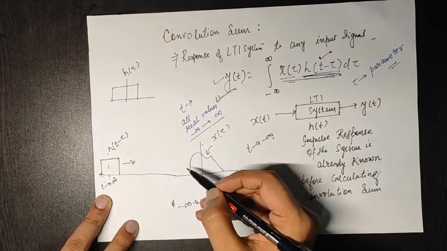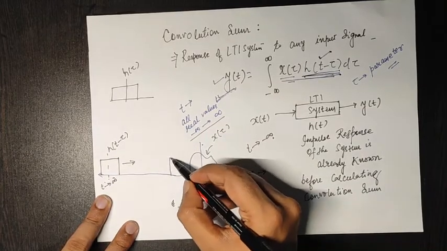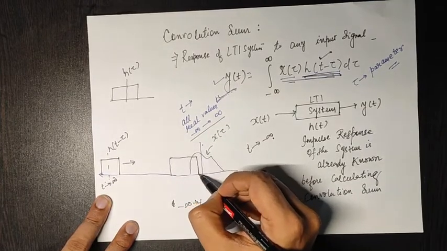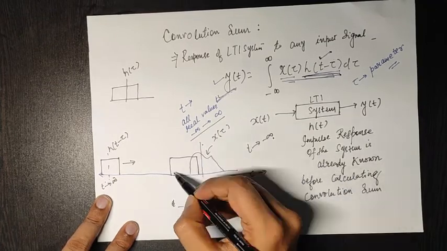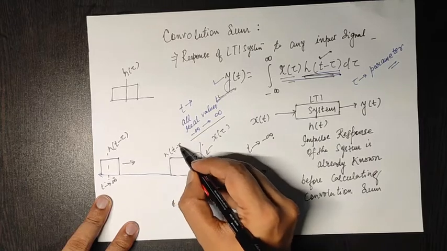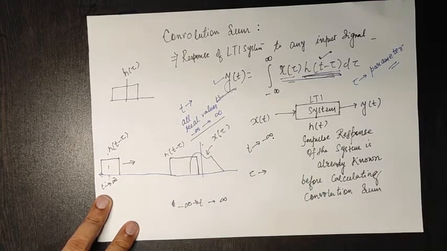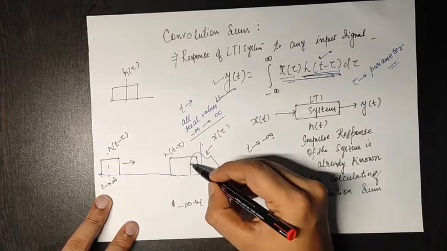So at the moment when it reaches here at the intersection point between x of tau and h t minus tau, you can see there is a common area.